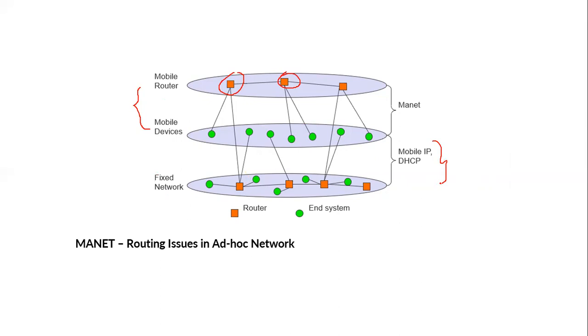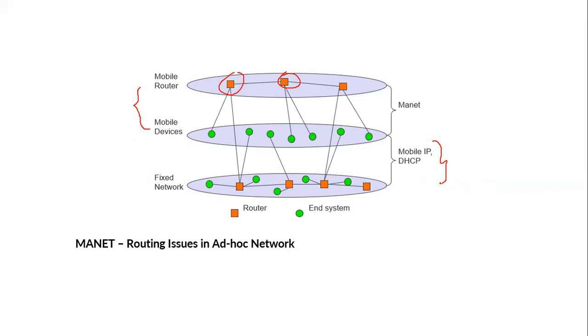Mobile devices can be connected directly to an infrastructure using mobile IP support, and DHCP is a source of many parameters such as IP address.